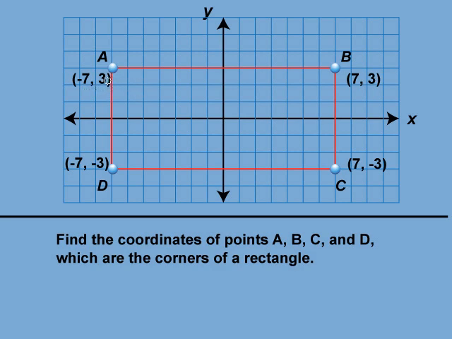For example, A and B have opposite x coordinates, while D and C also have opposite x coordinates. AD and BC have opposite y coordinates.